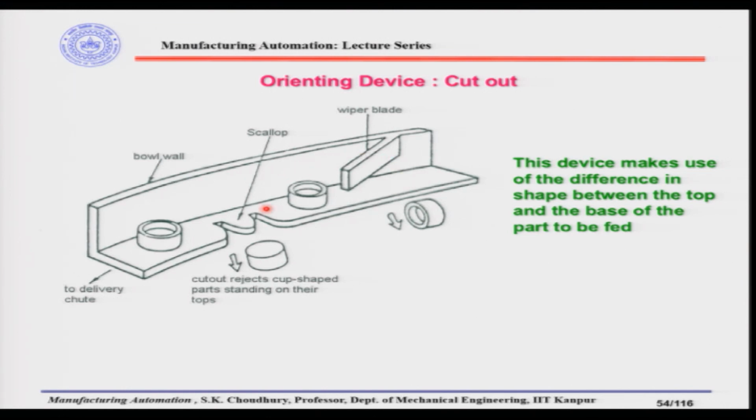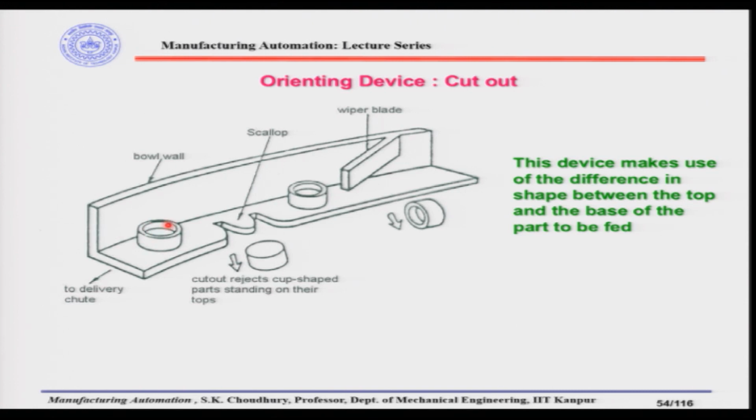Now, through this we have to feed parts of this kind. This device makes use of the difference in shape between the top and the base of the part to be fed. The part is like this, here we have a central hole, and this is a blind hole, so that this part is the heavier part and the top portion is the lighter part.